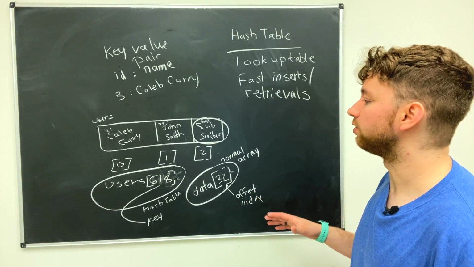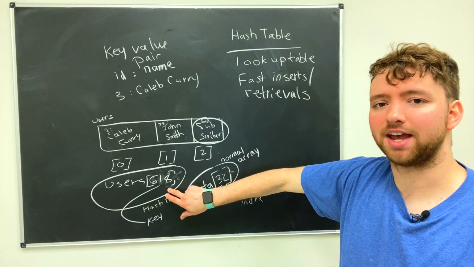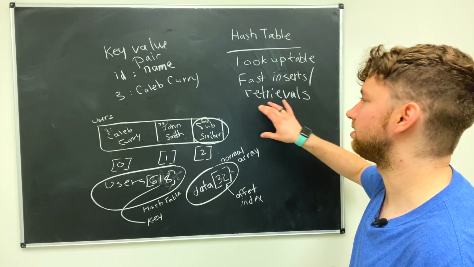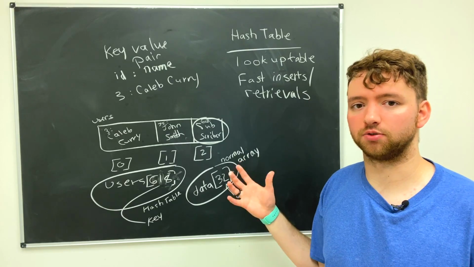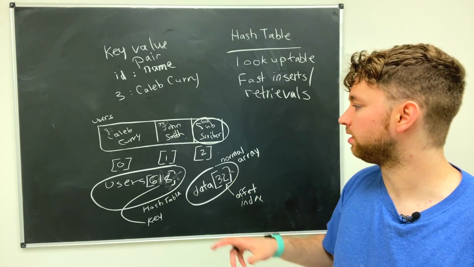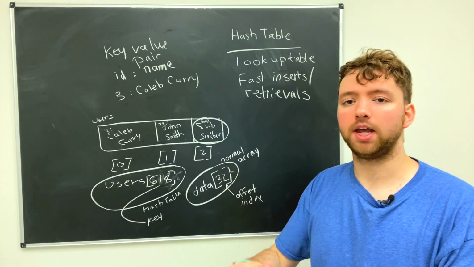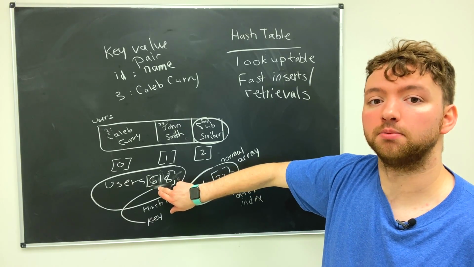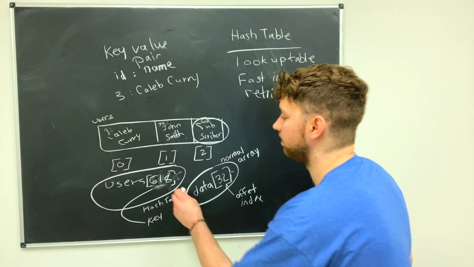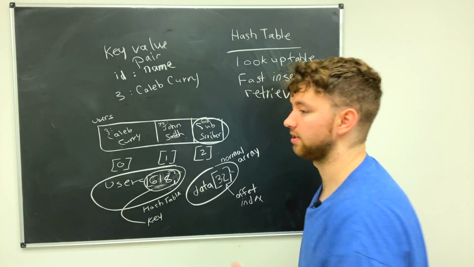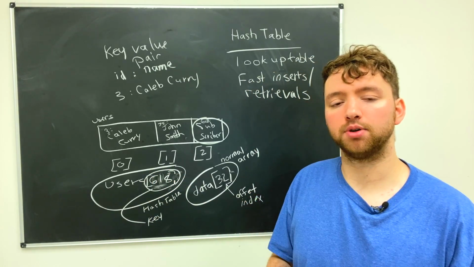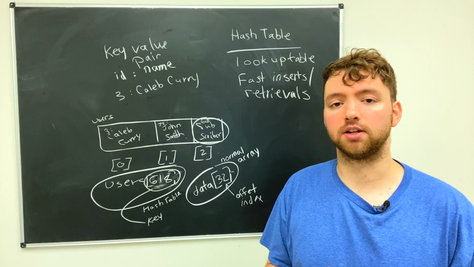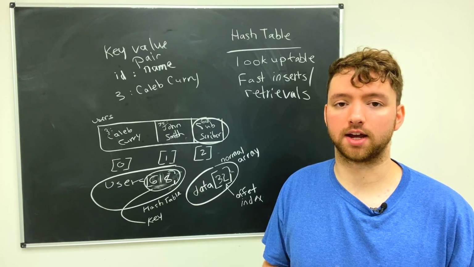So you might be wondering, if this doesn't say where it's at in memory, how is it that we can still have very fast inserts and retrievals similar to an array? Well, the actual location in memory can actually be calculated from this key here. So 618 in this case acts as an input to some calculation that determines where to store this inside of memory.